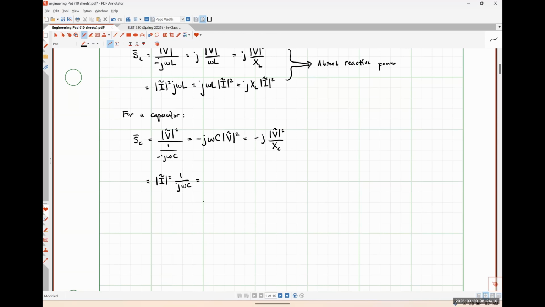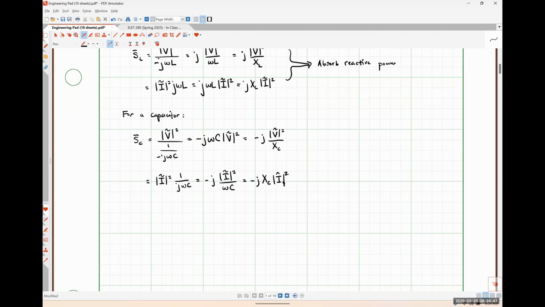I'm going to have, let's see, 1 over j is negative j. So I'm going to have negative j times the magnitude of my current squared divided by omega C. And that's going to be the same as negative j times XC times the magnitude of my current squared. So what can we observe about these relationships?